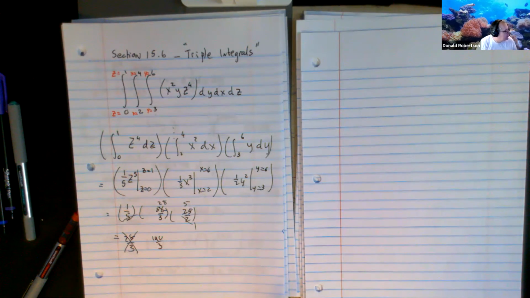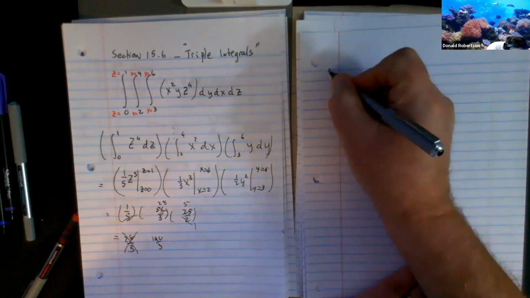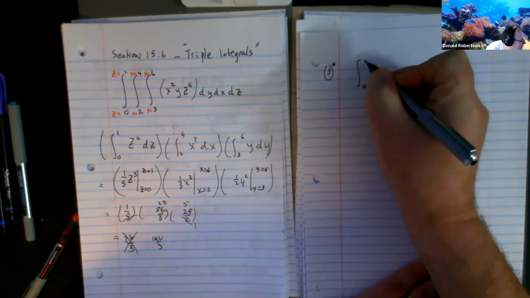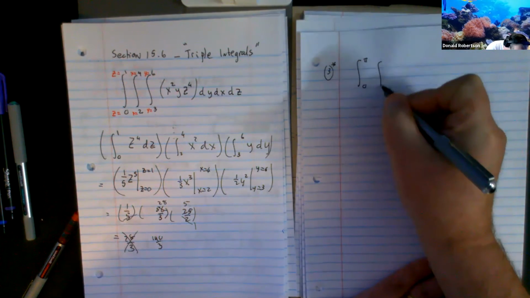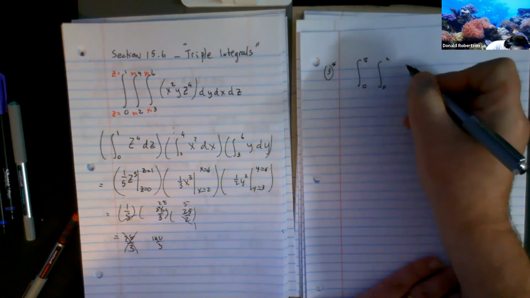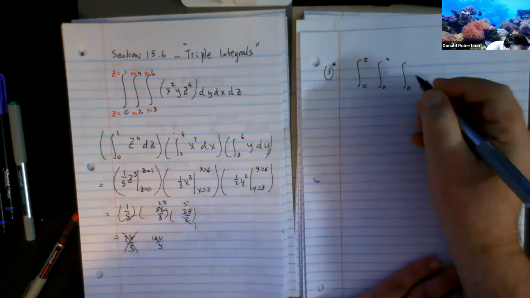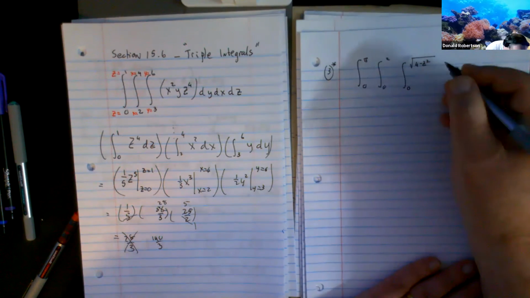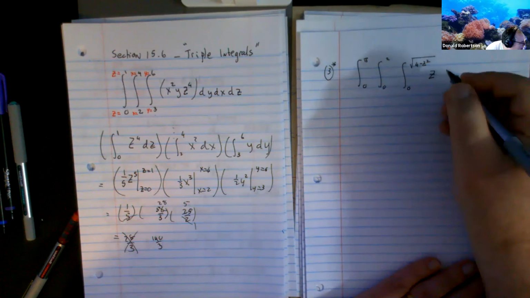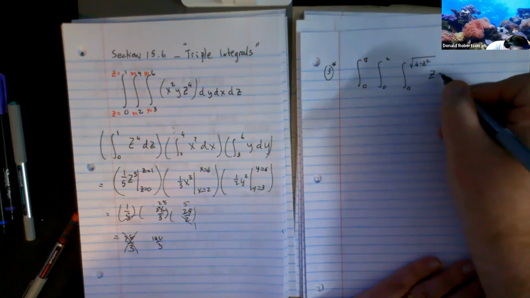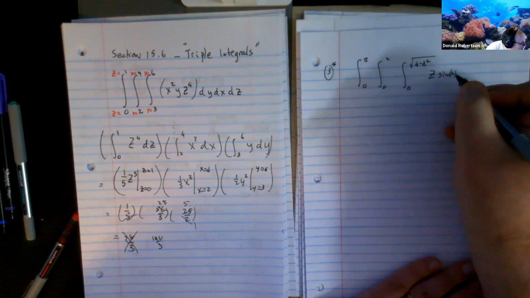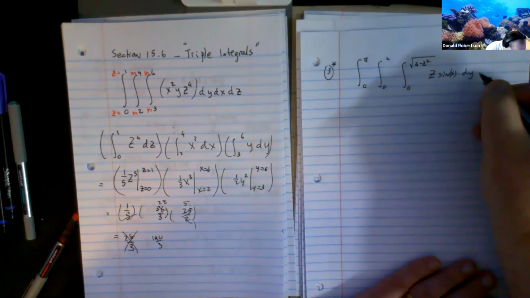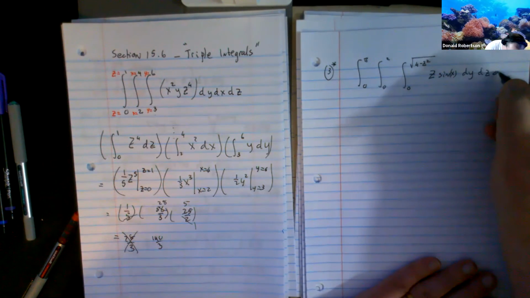So this one is like question 3. The integral from 0 to pi, the integral from 0 to 2, and the integral from 0 to the square root of 4 minus z squared, z sine x dy dz dx.